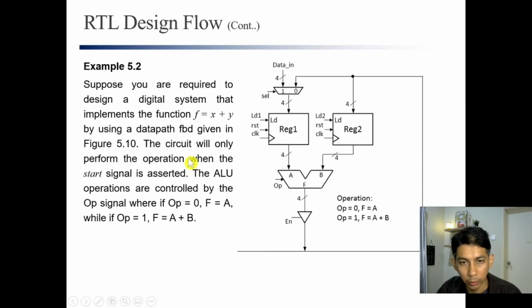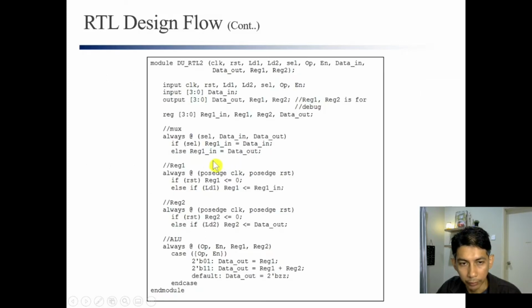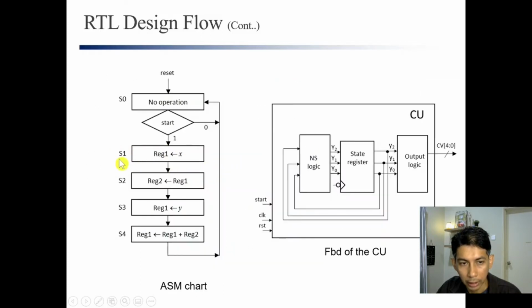So we transfer x to rack 1 first in the first state here. Next, we transfer the content of register 1, rack 1, into register 2. So this is the RTL code. Rack 1 is transferred to rack 2. This is the content, which is x. X is transferred to rack 2.